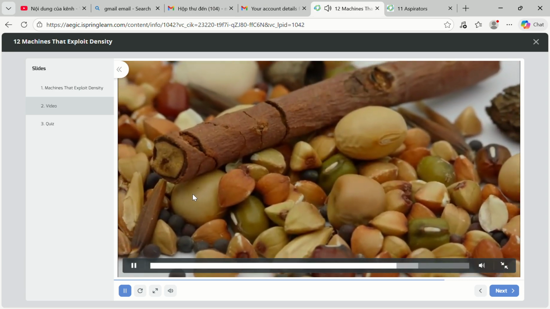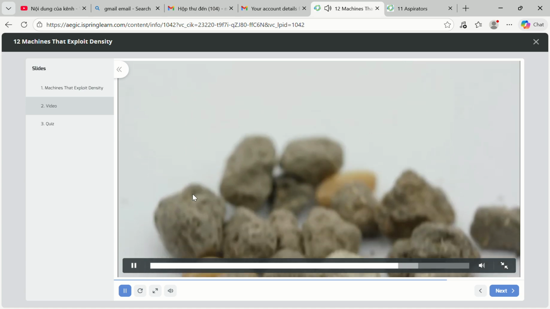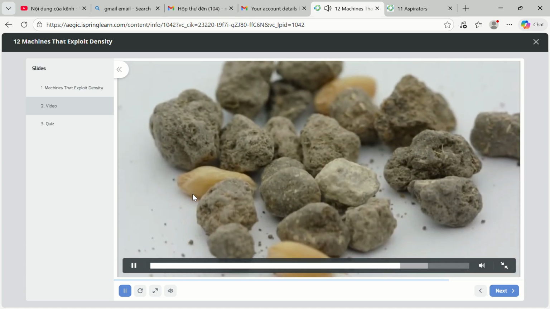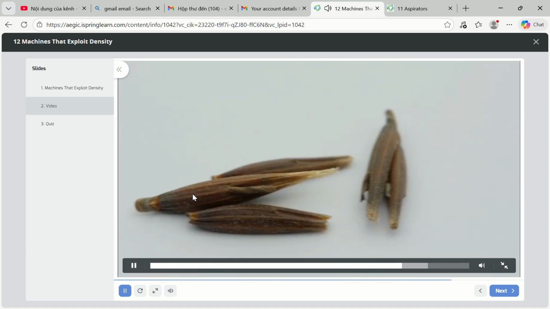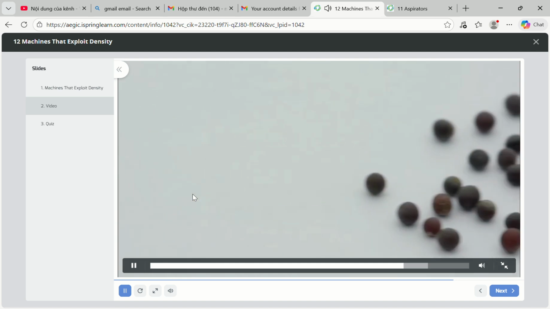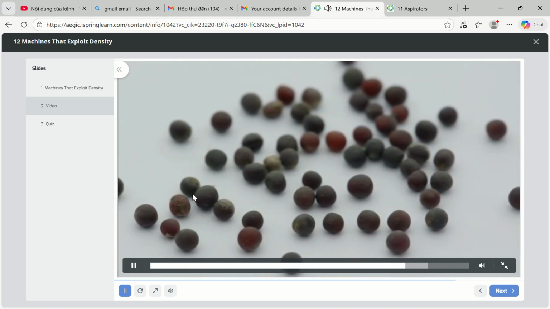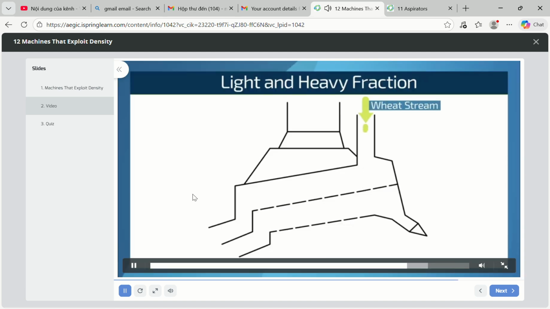While destoners are specialised for high-density contaminants, other machines are specialised for concentrating low-density contaminants. These machines are set so that light contaminants float above the screen, while the intact wheat represents the heavy fraction.